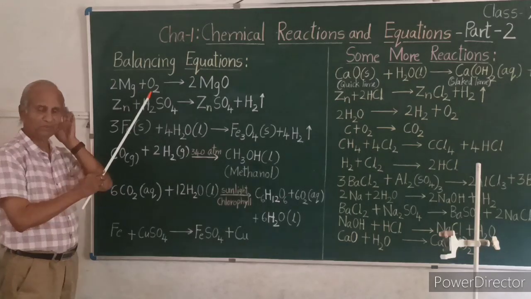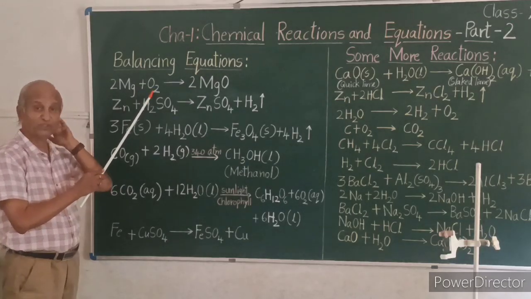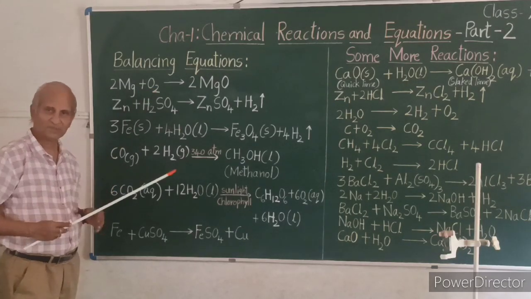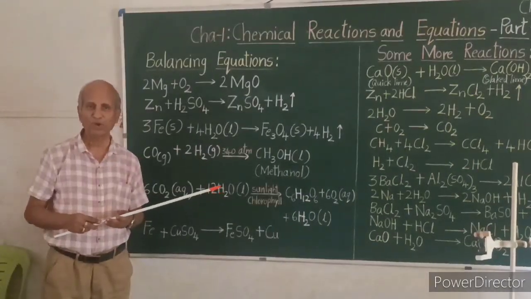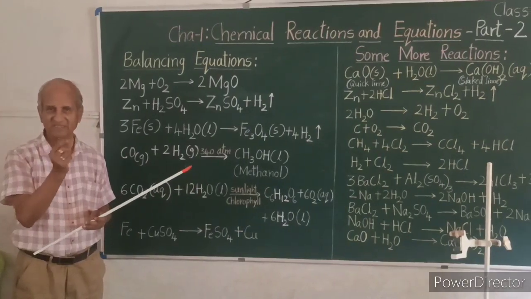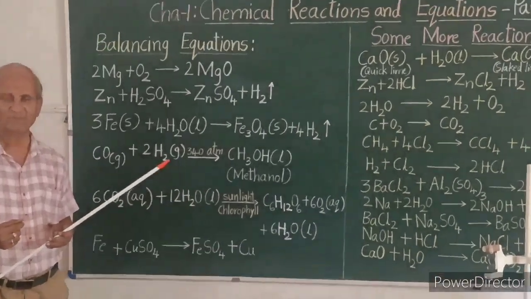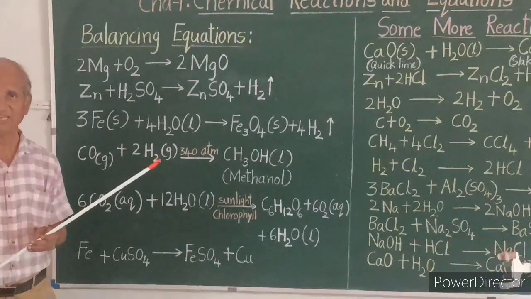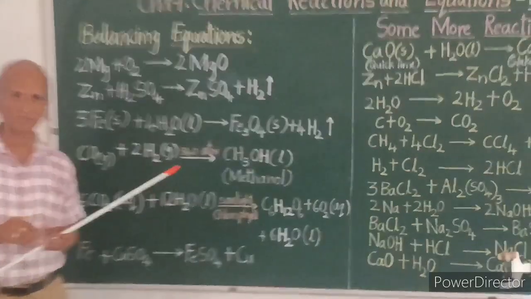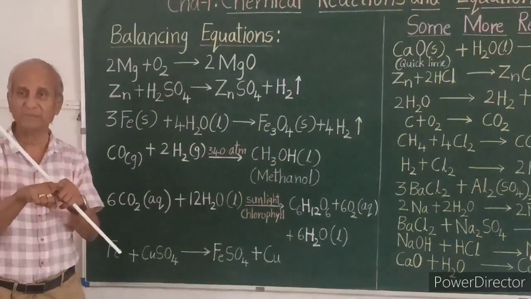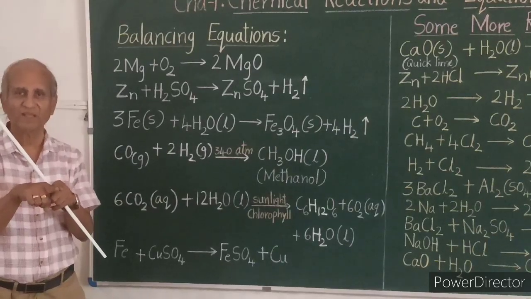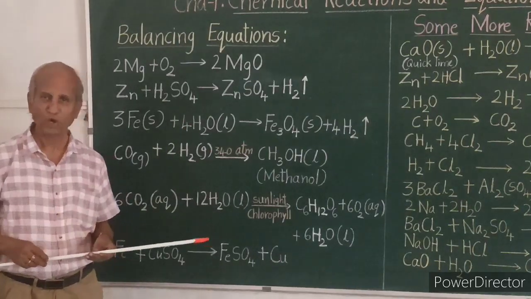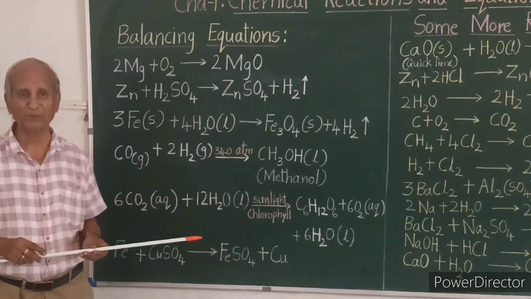Plus O2. I told you yesterday why we should write O2. Because oxygen atoms are all set in twos. Separate oxygen atoms are not found in nature. Two oxygen atoms come close, get into a bond, then you call it an oxygen molecule.